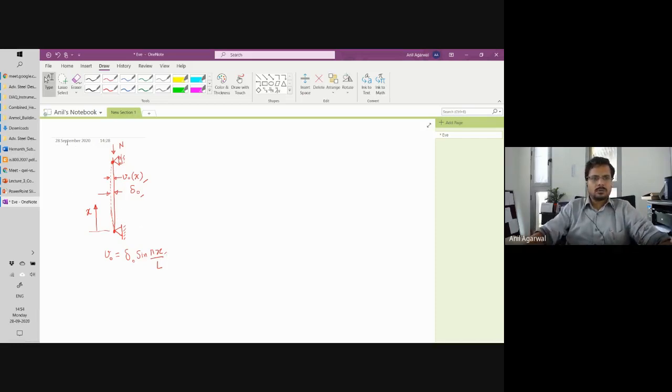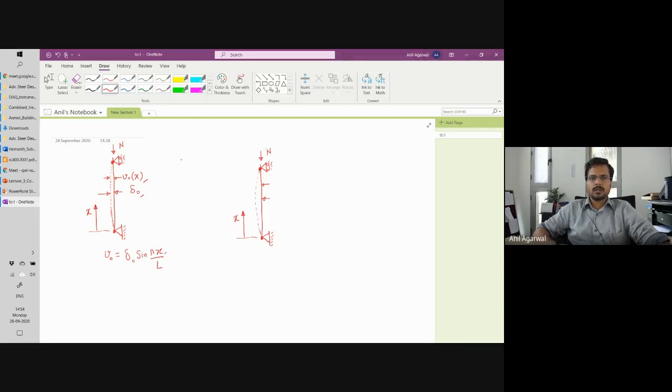Okay, so now for the same column, initially it had some imperfection.